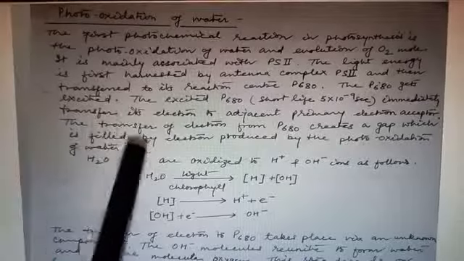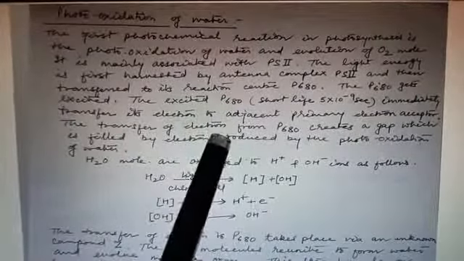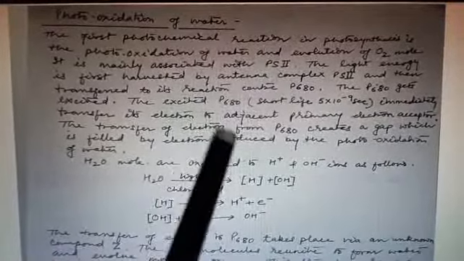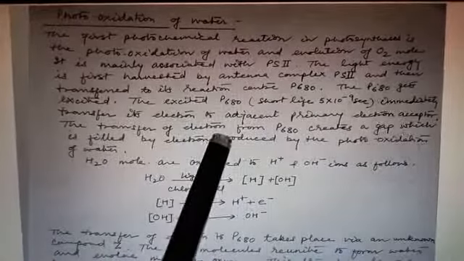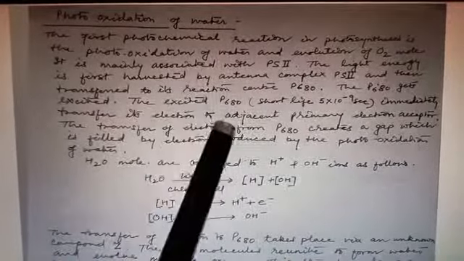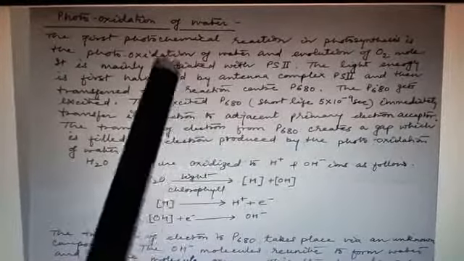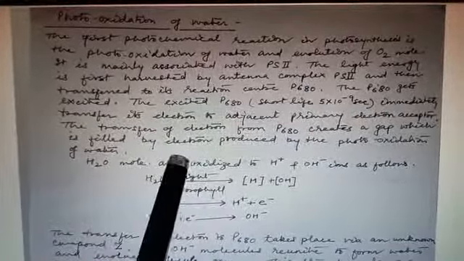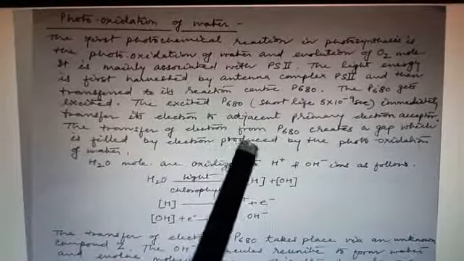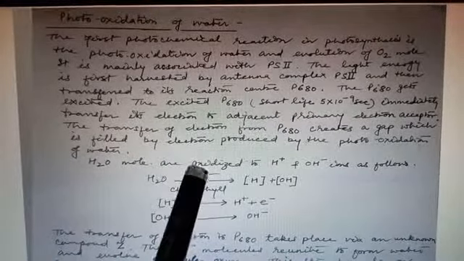The transfer of an electron from P680 creates a gap, which is filled by the electron produced by the photooxidation of the water molecule.